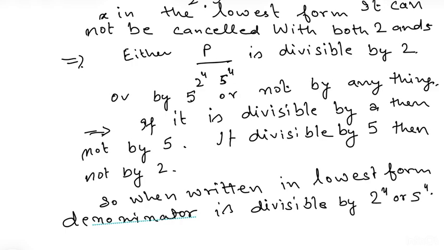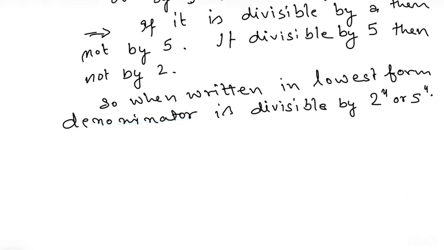Then question number 11. Without performing division, determine whether the decimal expansion of 18 upon 125 is terminating or non-terminating. So we know the rule. We will write the prime factors.